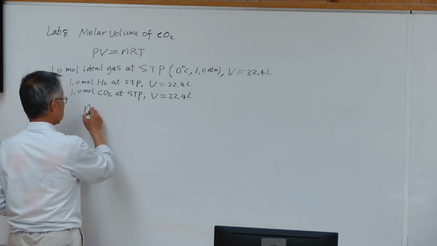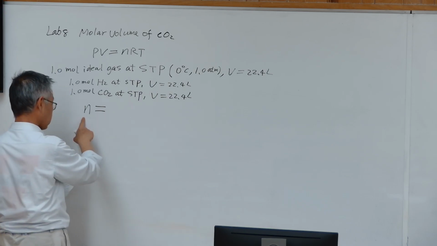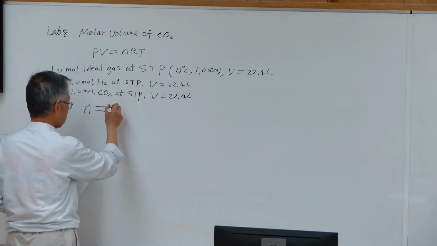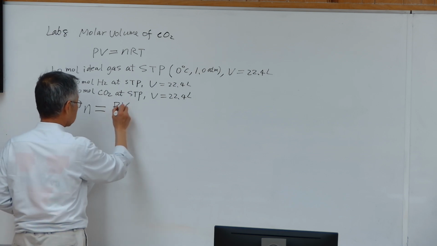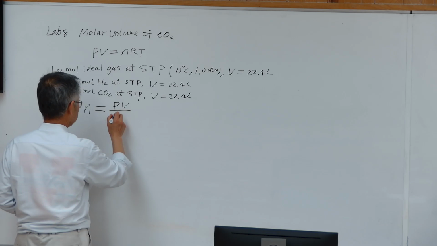It's because the ideal gas equation tells us for a fixed amount of gas, so PV equals nRT, then n equals PV over RT.